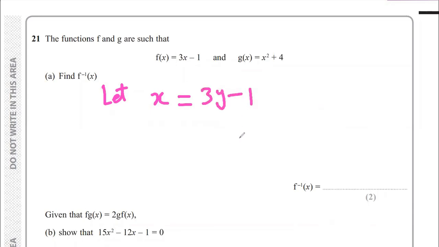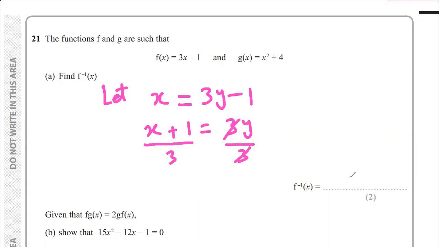And can you help me make Y the subject? You plus 1 on both sides. So X plus 1 will be 3y. And then you divide both sides by 3. What will we get?